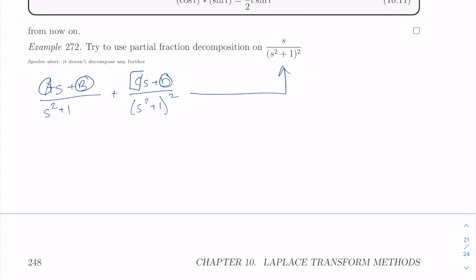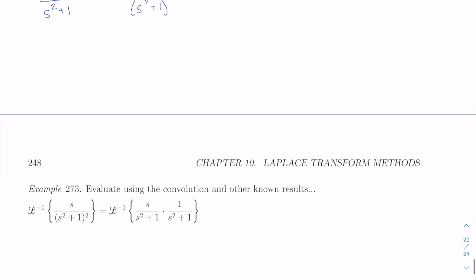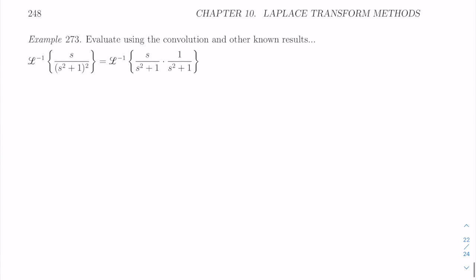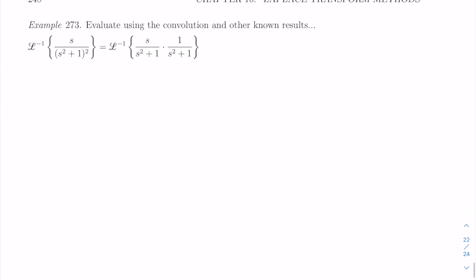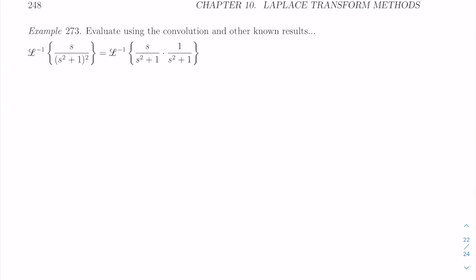So we can't use the partial fractions to split this thing up into things that we might know the inverse Laplace transform of, okay? And so let's try to do the inverse Laplace transform of s over s squared plus 1 squared, but instead of doing it the partial fraction decomposition way, why don't we just try our new thing, all right?